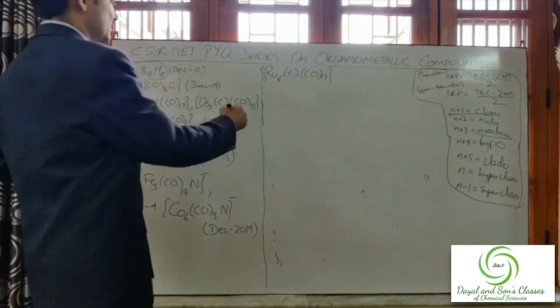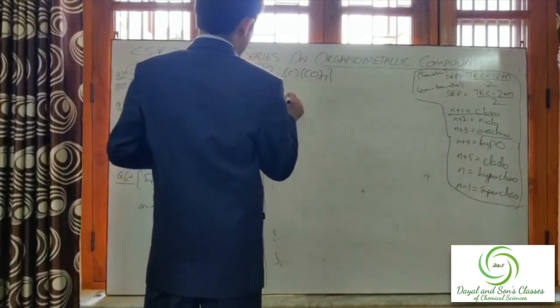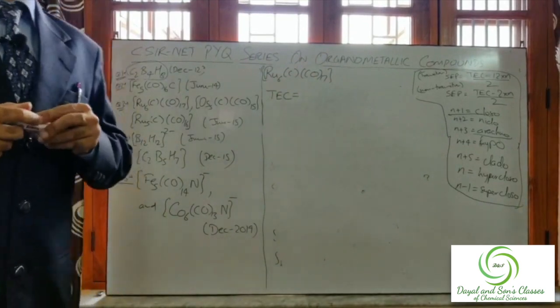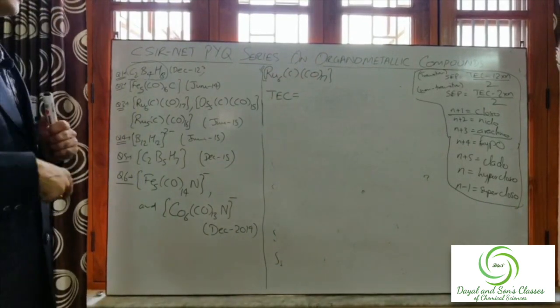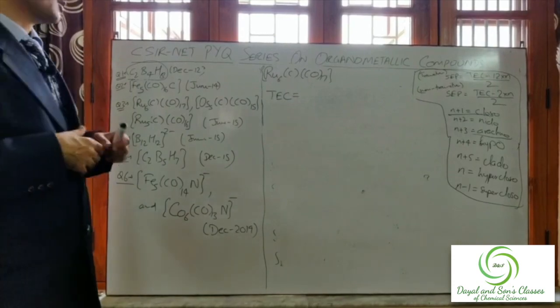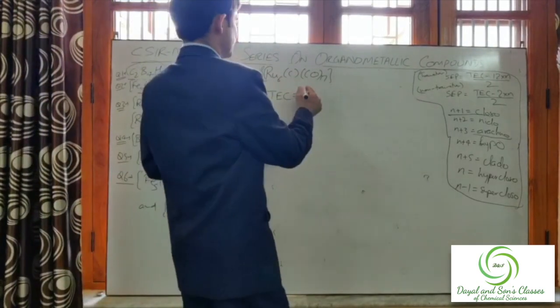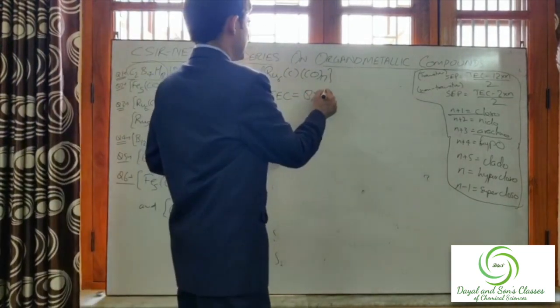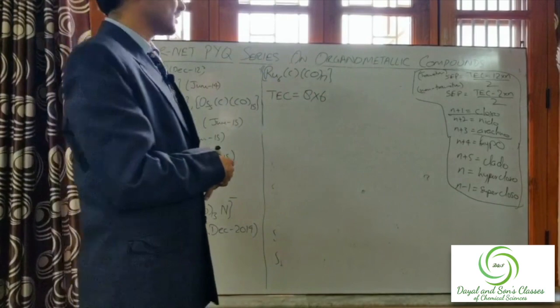Now TEC again. Ruthenium lies in the same group as iron, so it will have 8 electrons. There are 6 Ru, implies 8 into 6.